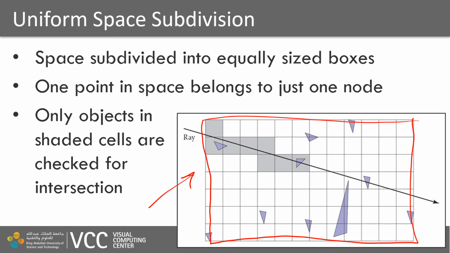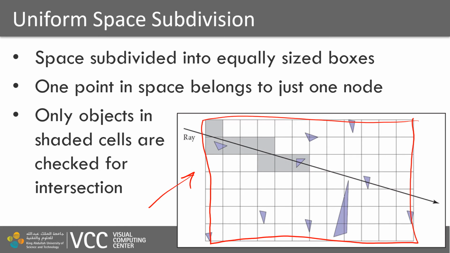And if there are no objects in those subdivided spaces, then we can skip them quickly. And the idea is that as with the axis aligned bounding boxes, it is very easy to calculate the intersection and generate this t min and t max, and in the x and y direction we can do something similar in this space subdivision, because this space subdivision will also be aligned with our coordinate axes.